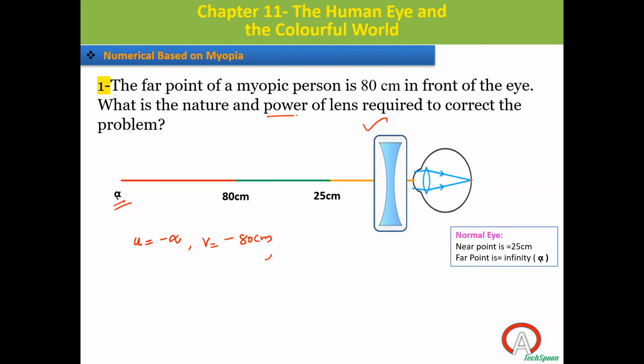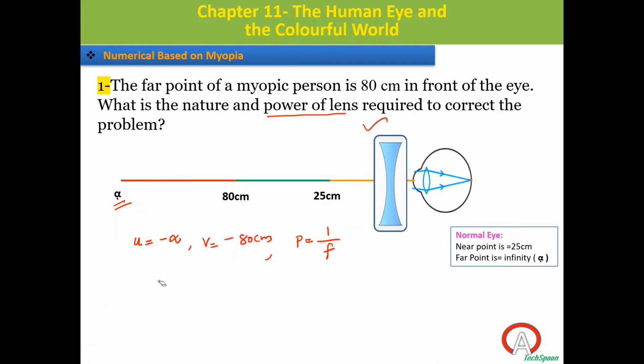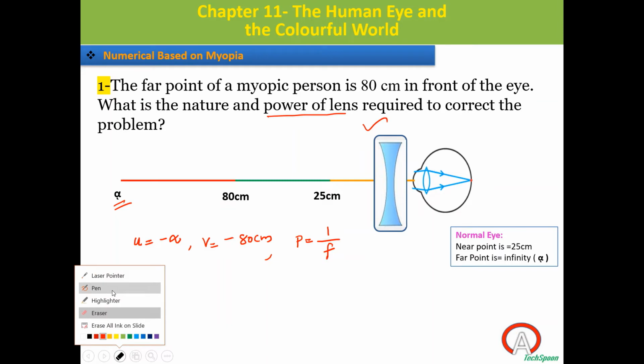Now, what I have to find out? The nature and power of the lens. So, if I want to find out the power of the lens, what is the equation? 1 by f. So, I have to find out f, right? Which formula I have to use? u, v and f. Which formula? Lens formula.